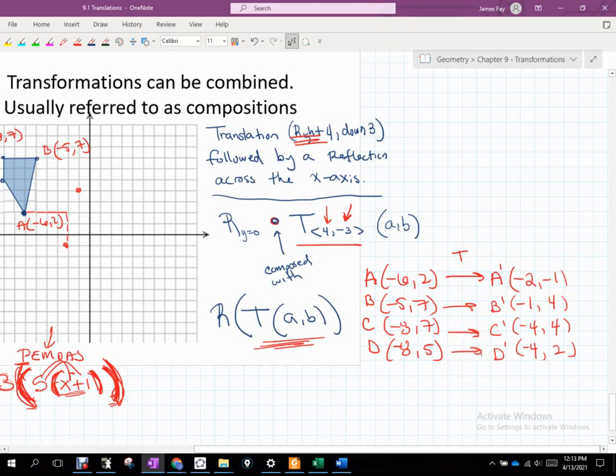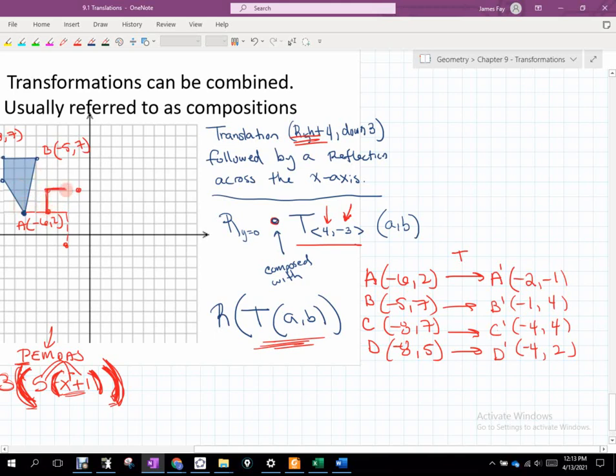Now, once we have that translated picture, negative 2, negative 1, negative 1, 4, negative 4, 4, and negative 4, 2.